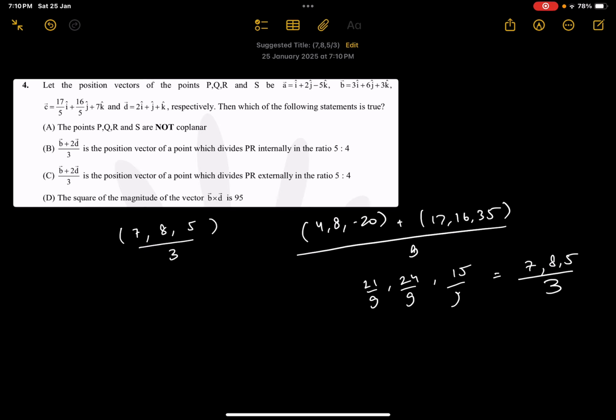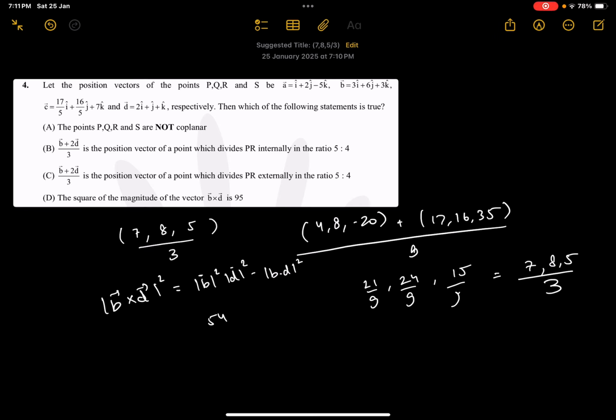The square of the magnitude of B vector cross D vector is 95. B cross D squared is equal to B squared times D squared minus (B dot D) squared. So the magnitude of B vector squared is 9 plus 9, 18, plus 36, 54.